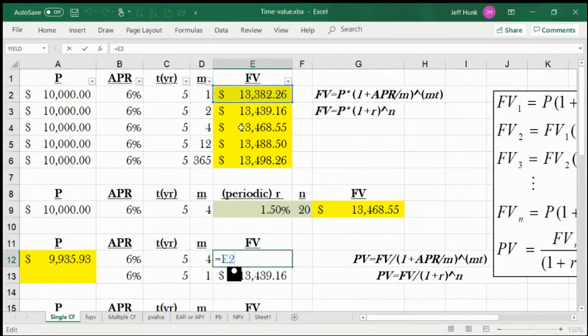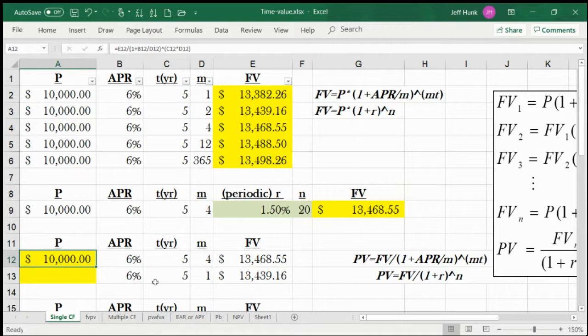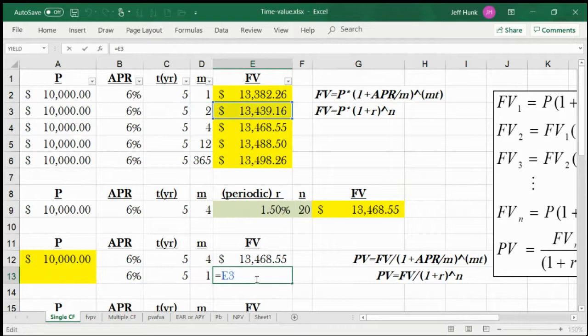So this should have been E4, right? If the future value was this 13,468, and compounding was quarterly, then it will be exactly like this. And this is annual compounding, so let's see what's in there.